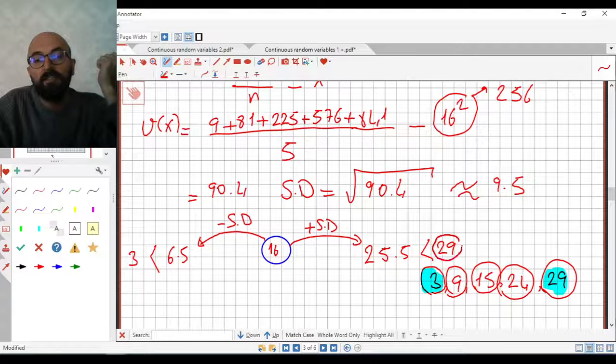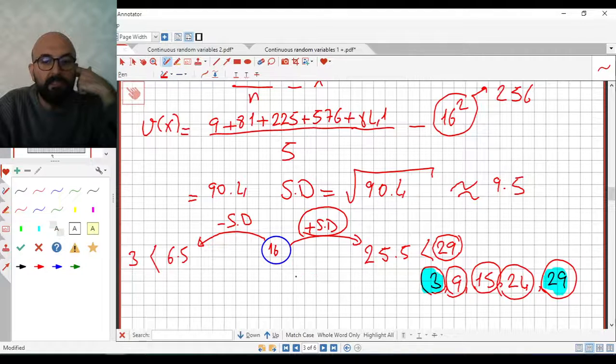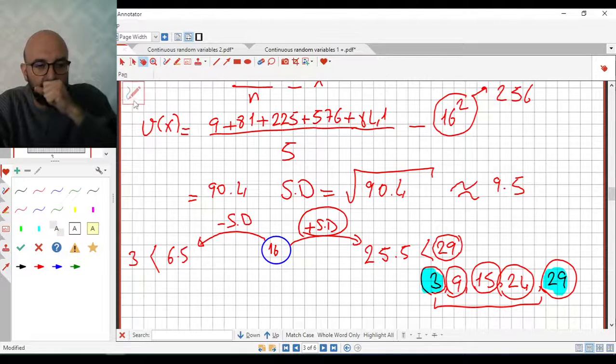So these data are more than one standard deviation distance from the mean. Our answers are 3 and 29.